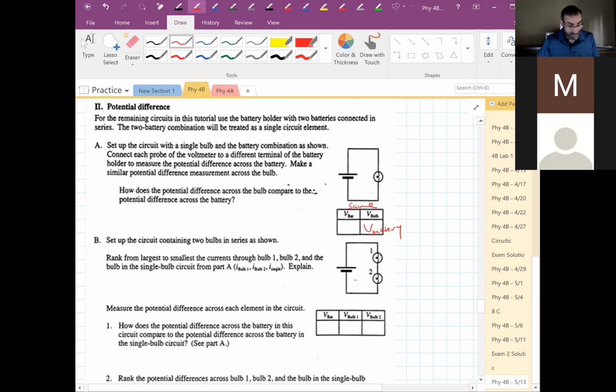The current. How do the currents all rank? Bulb 1, bulb 2, and bulb single. That's this one.